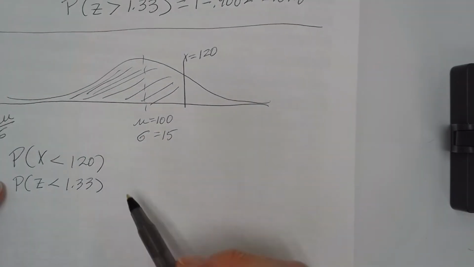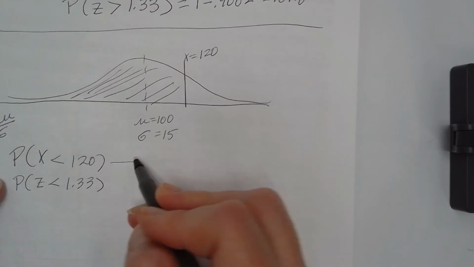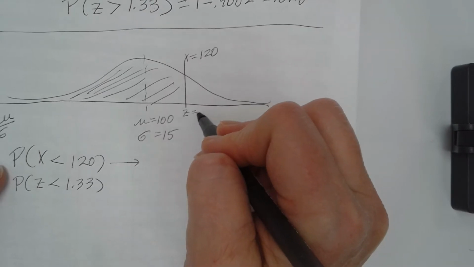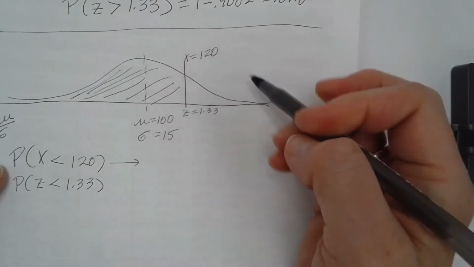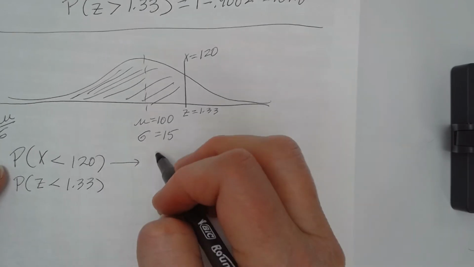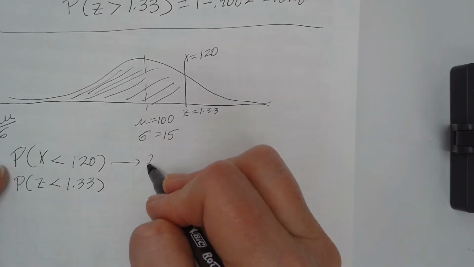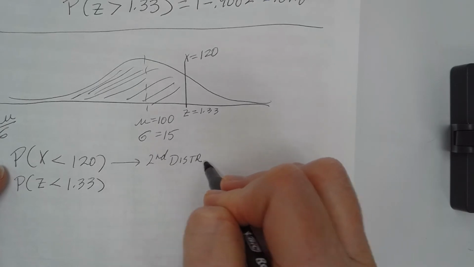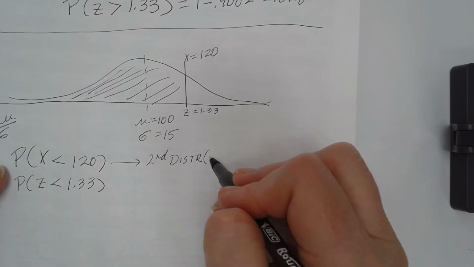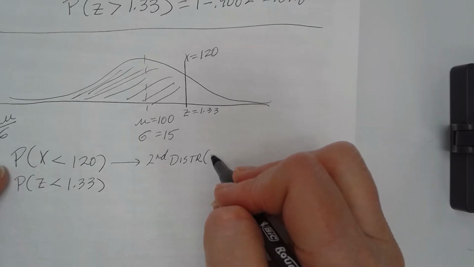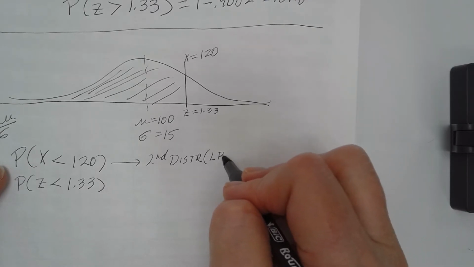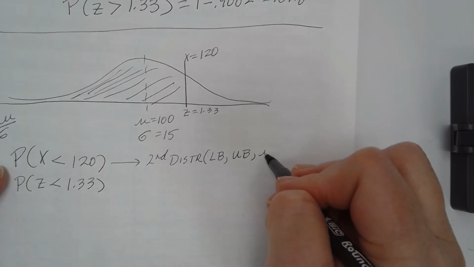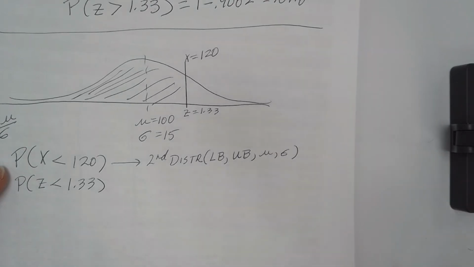Okay, all right, so if I use my calculator to find this, using that x value that has a corresponding value of z equals 1.33, you go to second distribution, and then you put in the lower boundary of the shaded area, then the upper boundary of the shaded area, then the mean, and then the standard deviation.